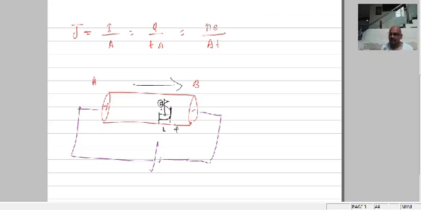Even then, the electrons will slowly drift from one point to the other, and therefore they move from one end of the conductor to the other end, and the velocity with which they drift is around millimeters per second.